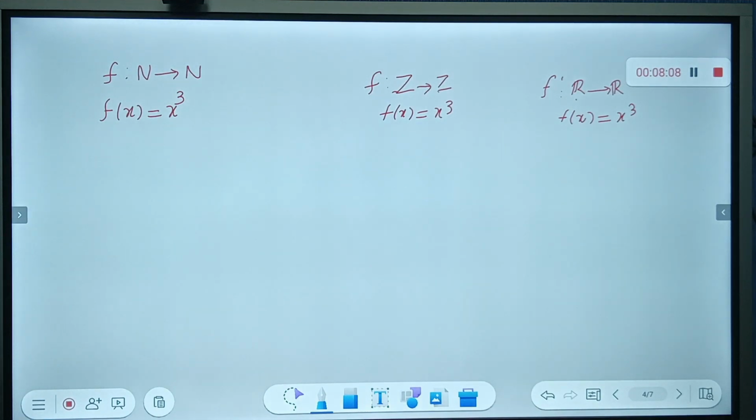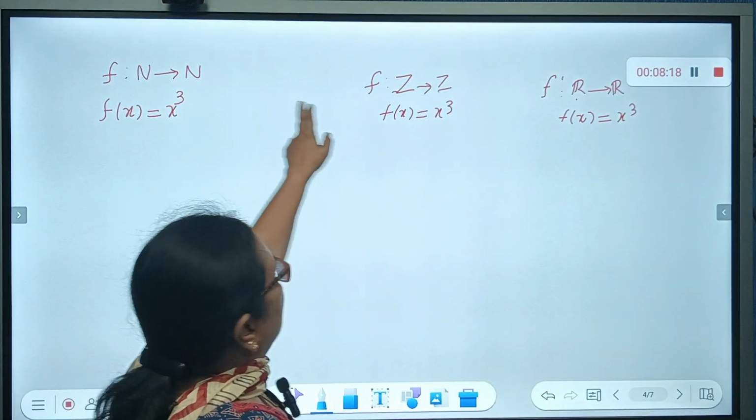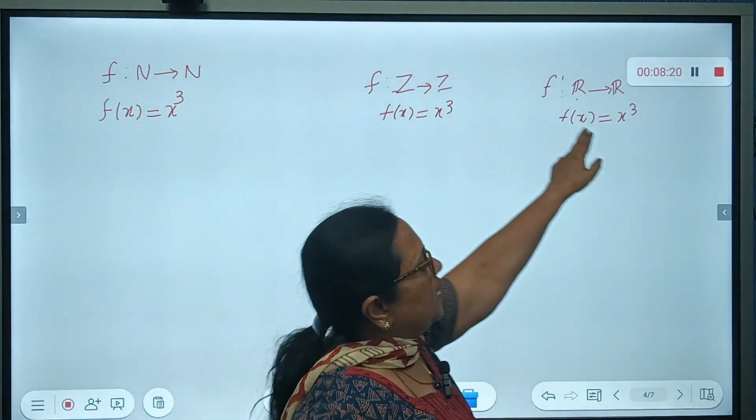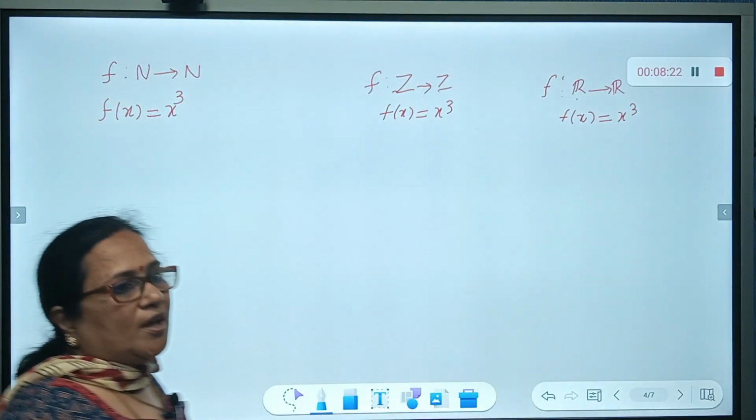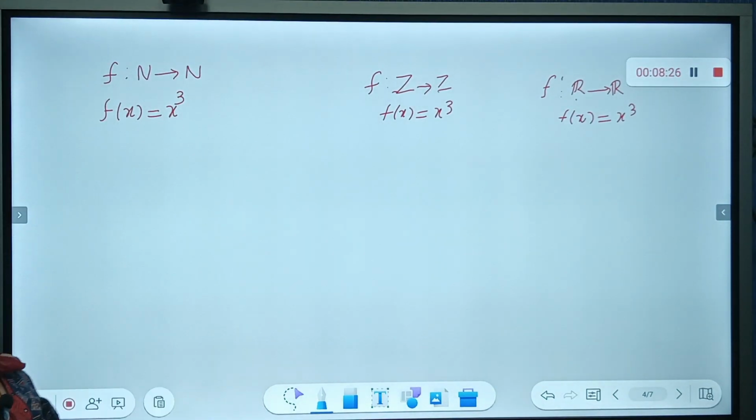Now, we are going to look at the function f from n to n given by f of x equal to x cube. In all the three cases, here it is the natural number system, here it is the set of integers, here it is the real number system. We have taken the same function f of x equal to x cube. We are going to verify whether it is 1 to 1 and onto.